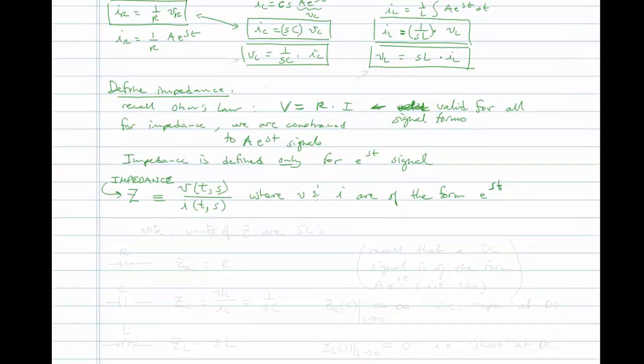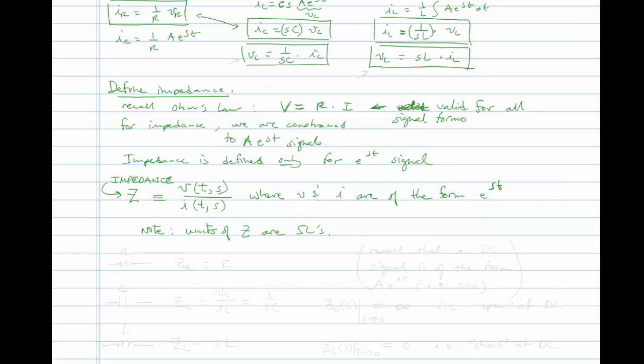So let's see what the impedance is for each of these components. Incidentally, note the units of Z are ohms, just like resistance, because it's voltage over current.